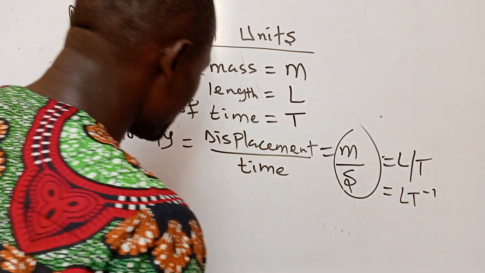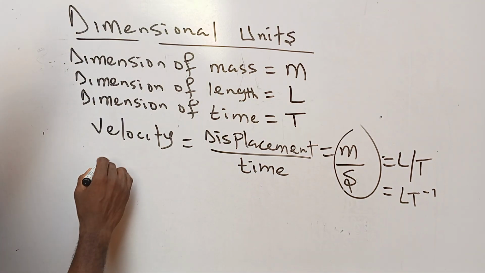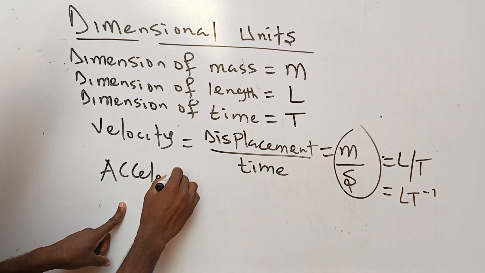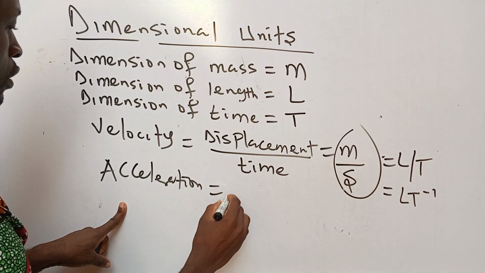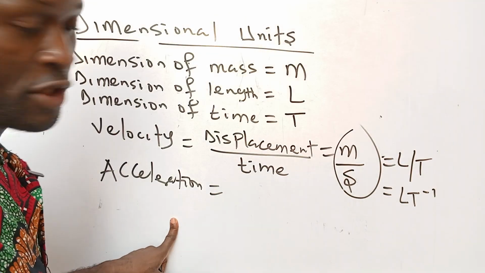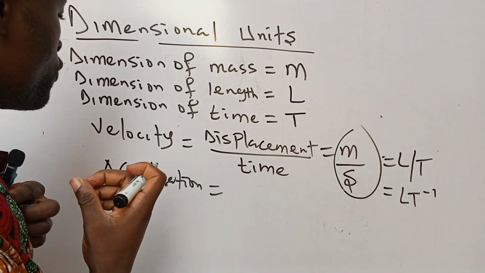Then if we are looking at acceleration, the dimensional unit for acceleration is change in velocity divided by time, and the unit of acceleration is meter per second square.